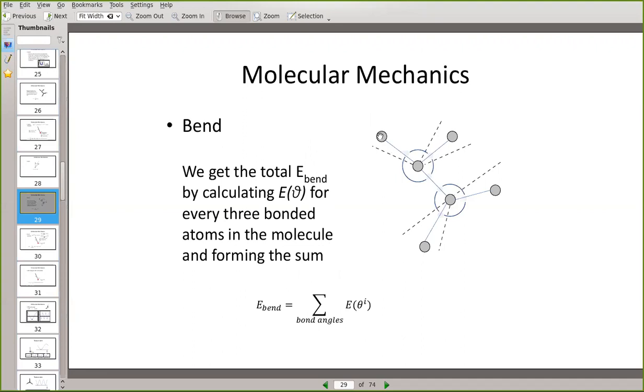Remember we had 5 bond lengths here, but we've got 6 bond angles here. We've got to calculate the total E bend from all of them. You can see in this case this bond angle is not right; the equilibrium bond angle is shown there. And so there'll be an energy cost for each one of these 6 angles.